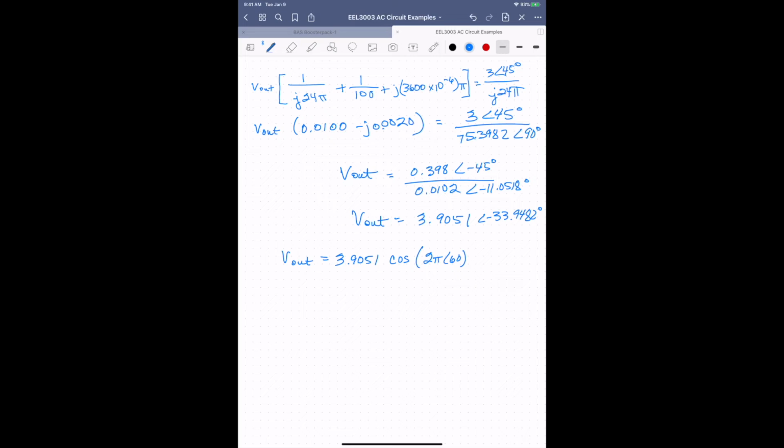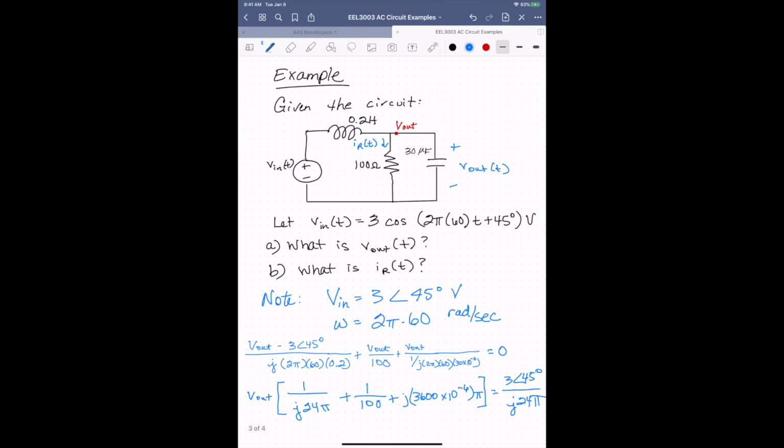I could have also given you 377, which is what's commonly used, even though that's rounding quite a bit. So we have 3.9051 times cosine of 2 pi 60 t plus the angle, which is minus 33.9482 degrees. And of course the unit is volts. So there is the answer to our first question: what is V out of t?